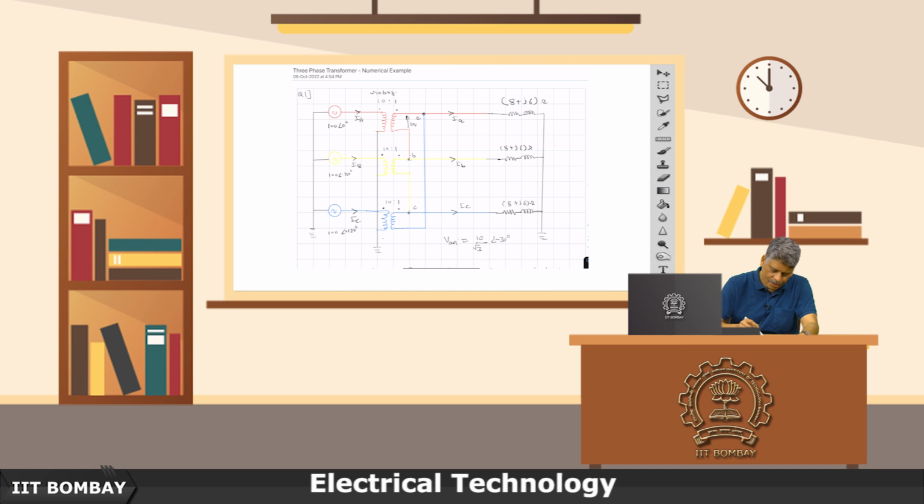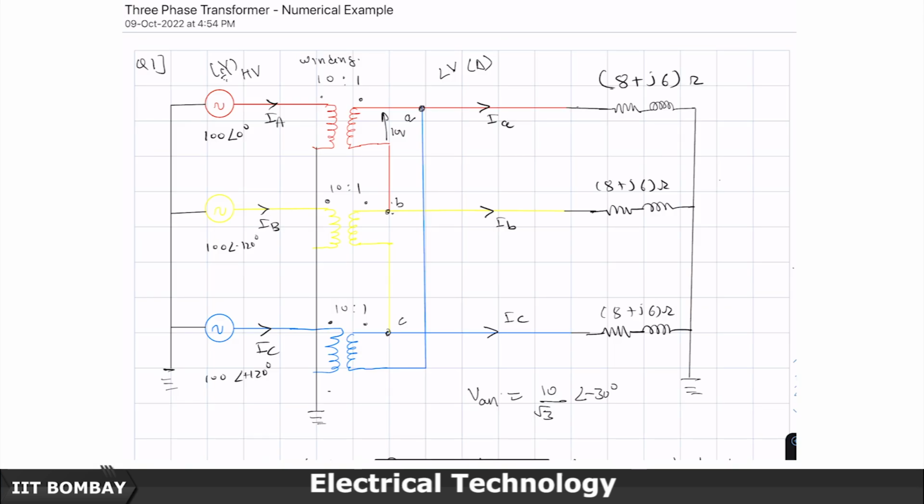This side is my HV side, this side is my LV side. This side is star connected, star grounded as is shown here, and this LV side is delta connected, and you see this connection A is to B is to C is to A. So we have analyzed this connection earlier.